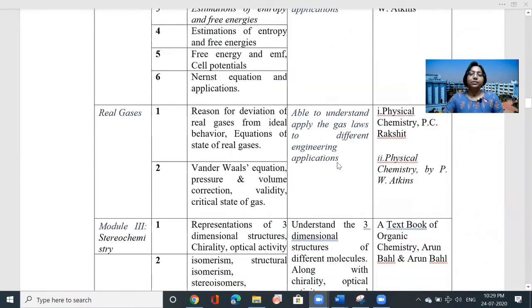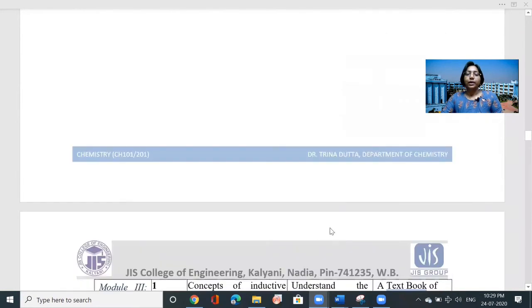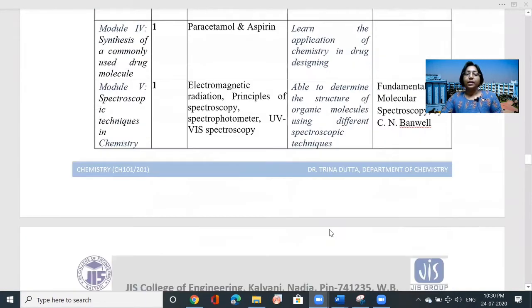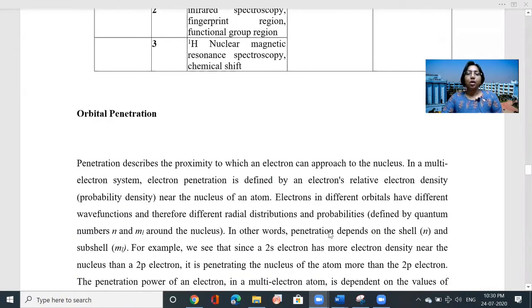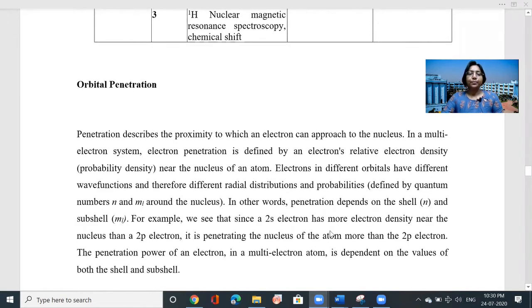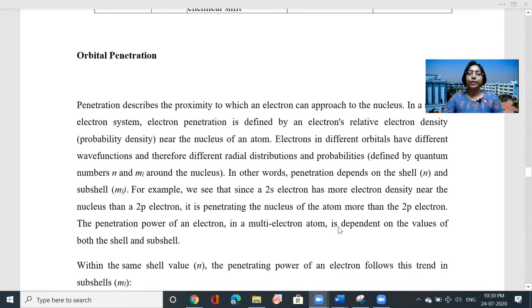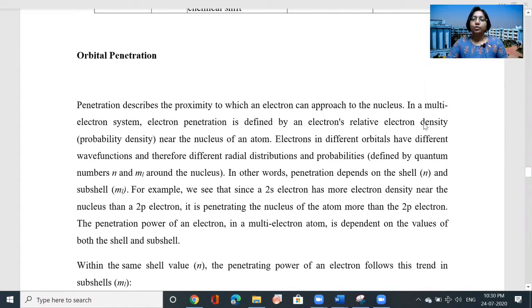So first we move to the topic, that is orbital penetration. Penetration describes the proximity to which an electron can approach the nucleus.